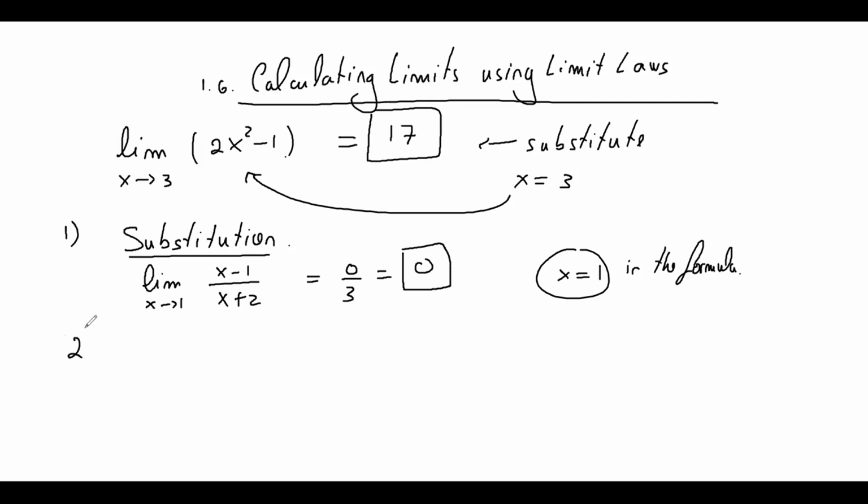Now, our second strategy: what happens if substitution doesn't work? Well, if substitution doesn't work, you would want to try something like simplification. Here's the situation. Limit as x goes to 1 of x squared minus 1 divided by x minus 1.